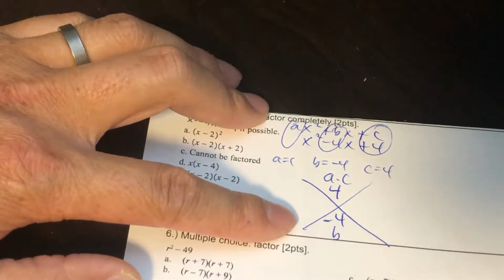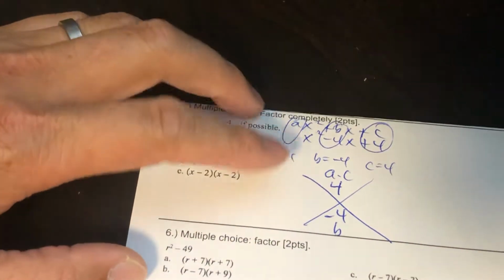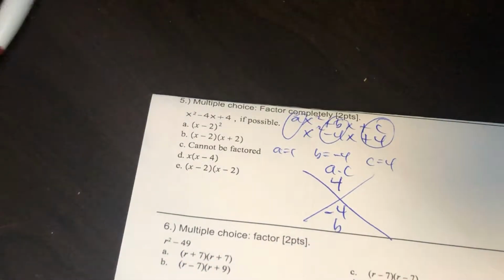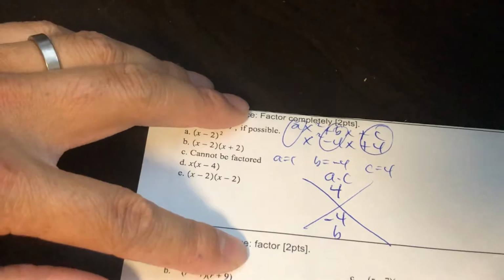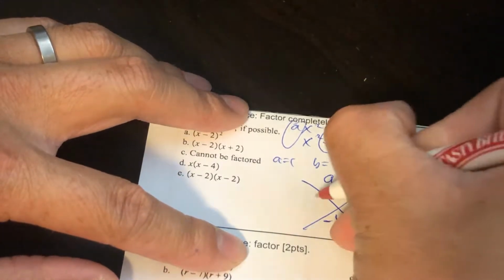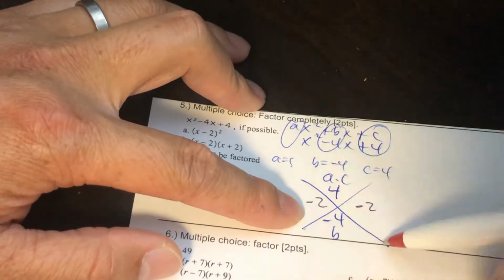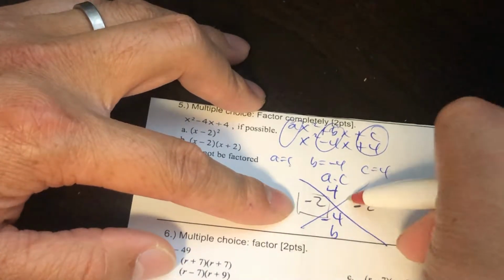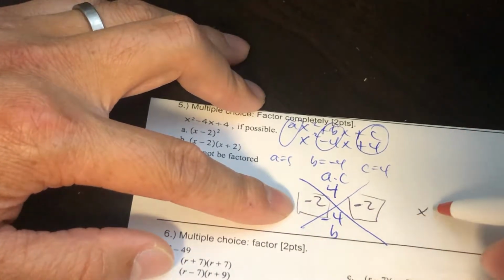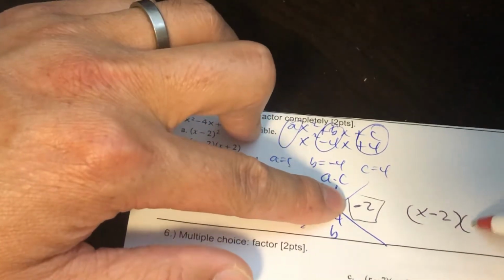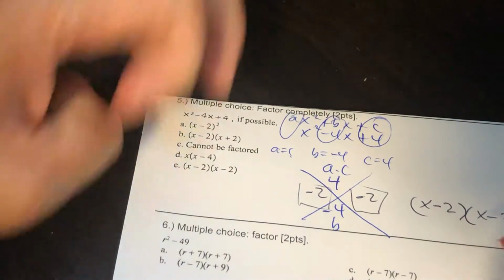Two numbers that multiply to be 4, but add to be -4, those two numbers are -2 and -2. And if we apply our trick, because A is 1, I only have to use the x, so these are our answers. That would be x minus 2, parentheses, parentheses, x minus 2.